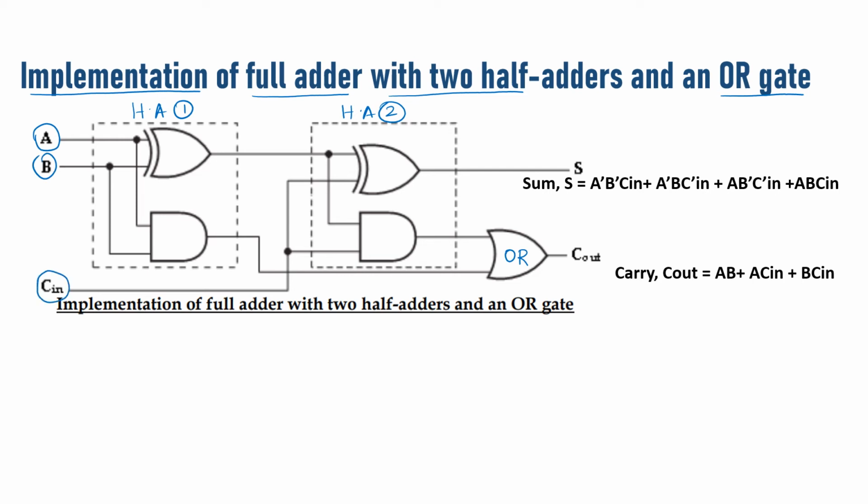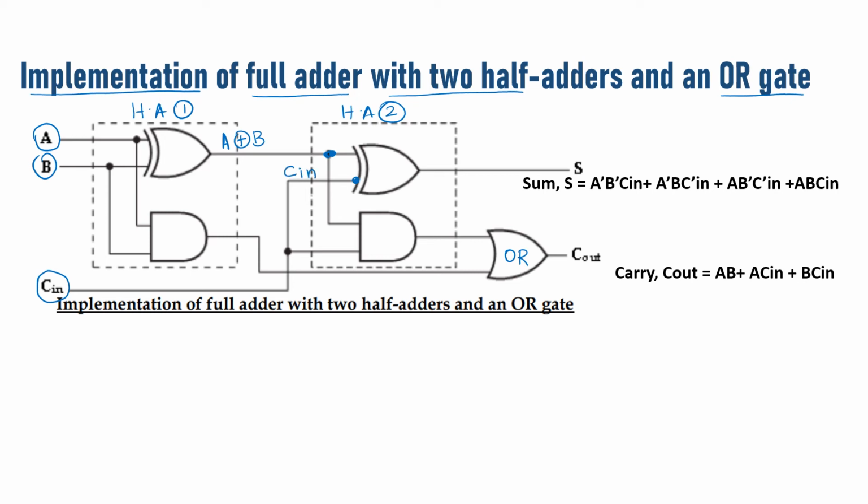For this XOR gate, the output will be A XOR B. This A XOR B is given as an input for half adder 2, and here we are having C in.